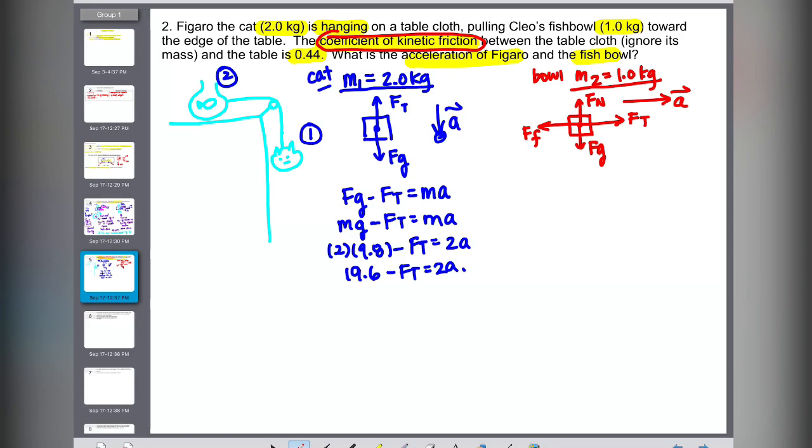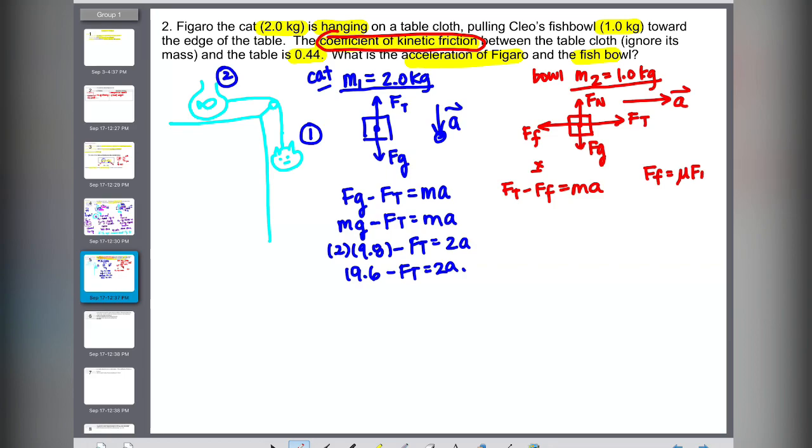To study the forces, I have the X direction and the Y direction. The X direction is going towards the right, so it's going to be right minus left. Ft minus Ff equals Ma. I don't know what Ft is, but I can calculate Ff.